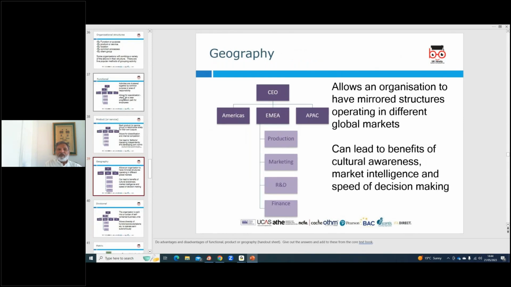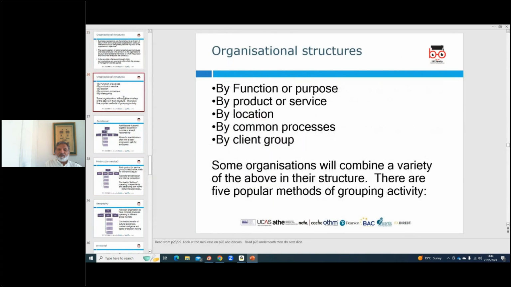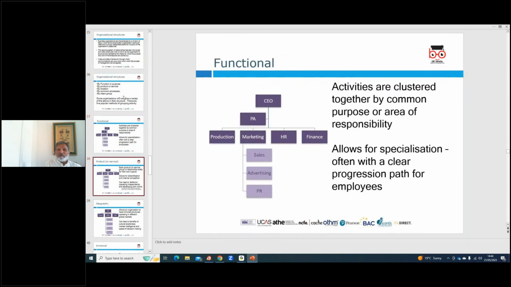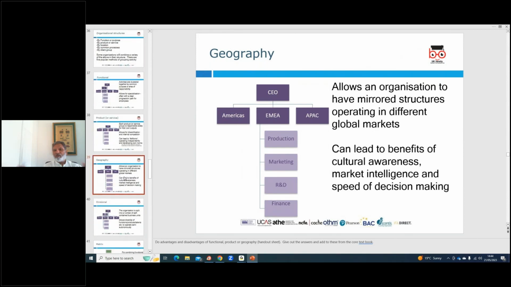Second type of a function, we can divide them by geographical location. Okay, we can divide our organization, we can divide our factory, we can divide our unit by geographical division. For example, one is responsible for the Middle East, the other one's responsible for Asia, one's responsible for Europe, one's responsible for Africa, and one's responsible for other area, right?